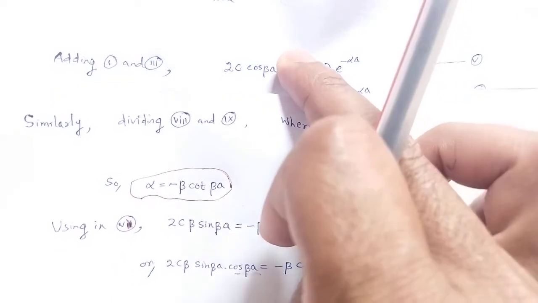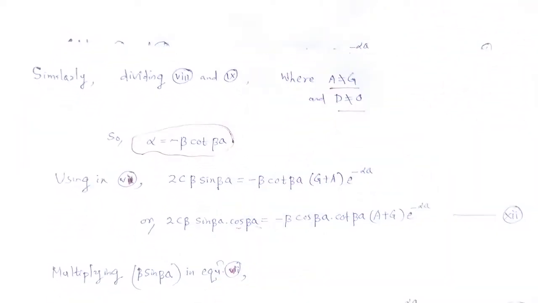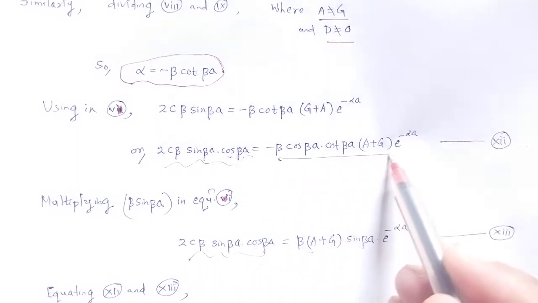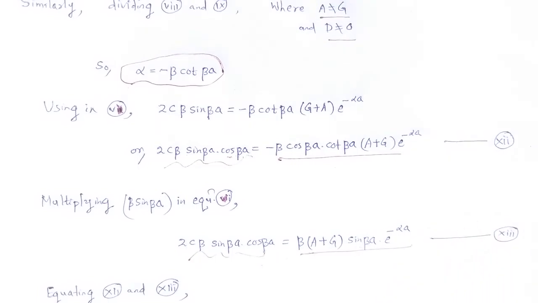Beta sin beta a. So 2c beta sin beta a cos beta a is equal to just beta sin beta a multiplied here. Look at these two equations. These sides, that sides are same, therefore the RHS will be definitely same.